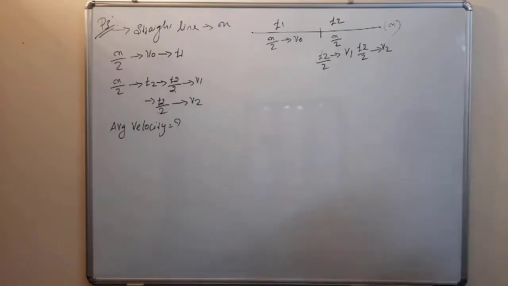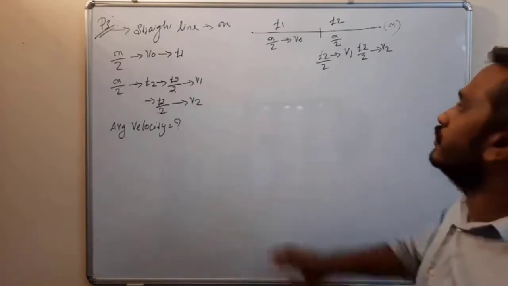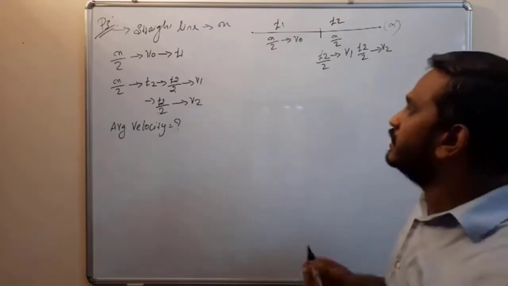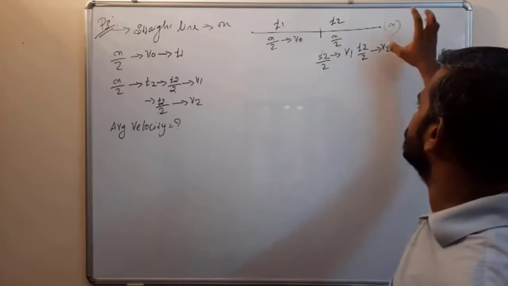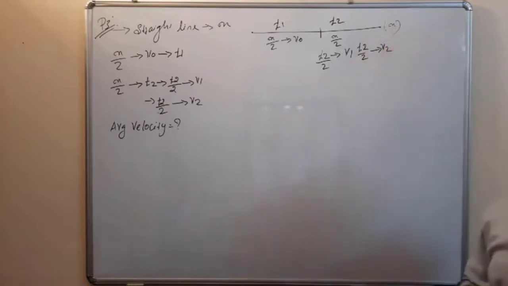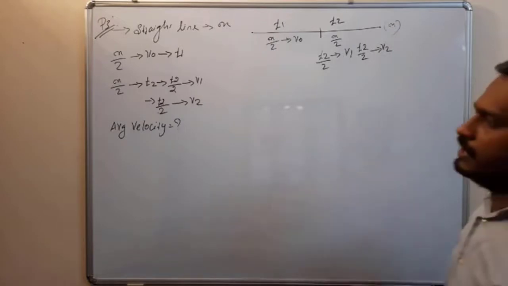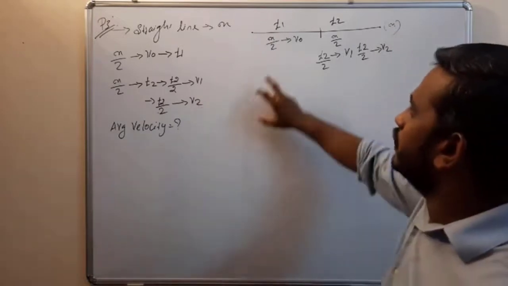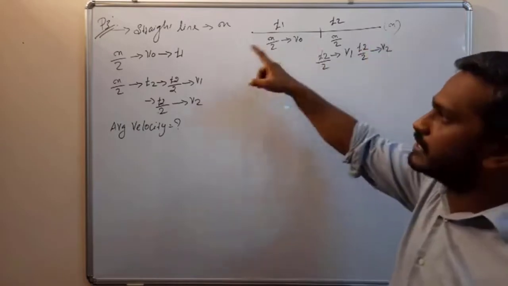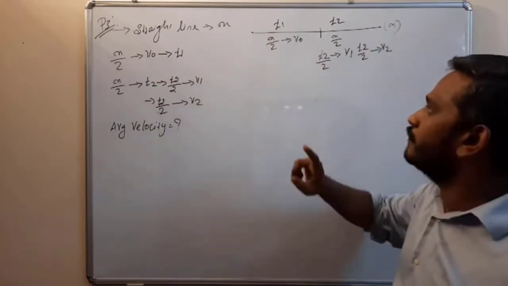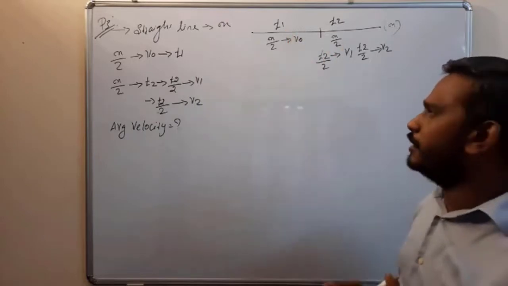Question clear? My body is making a straight line motion. So we consider the distance. All the distance covered by the body is x. In the question it is given that half of the distance, x by 2, is covered with the velocity v0, with the time t1.